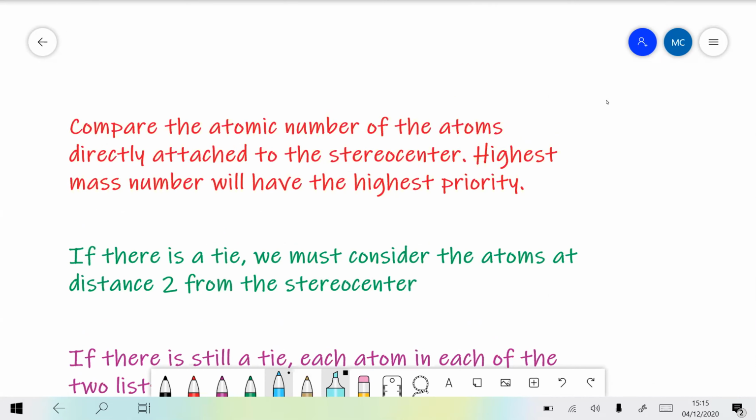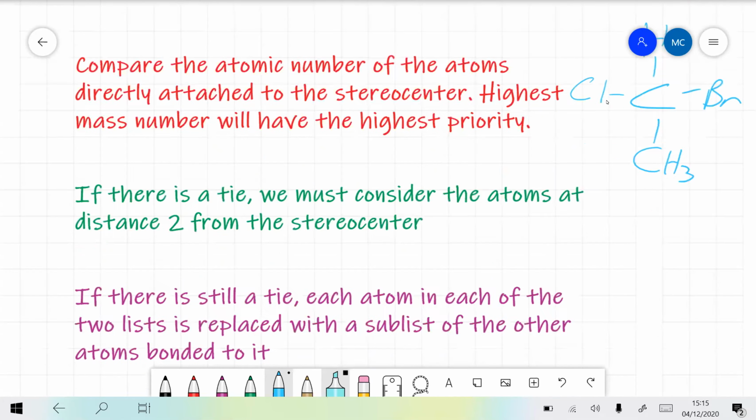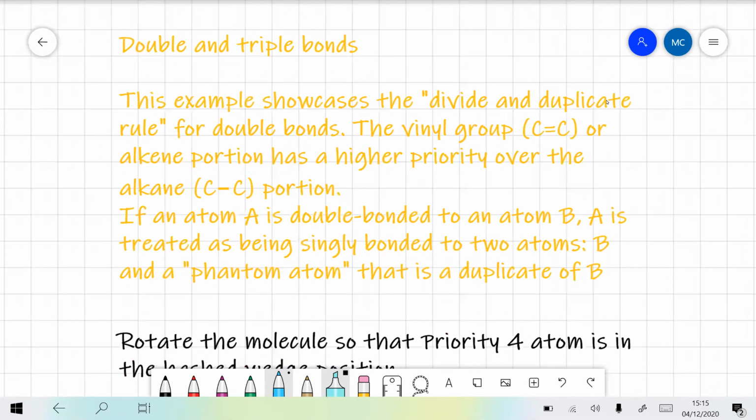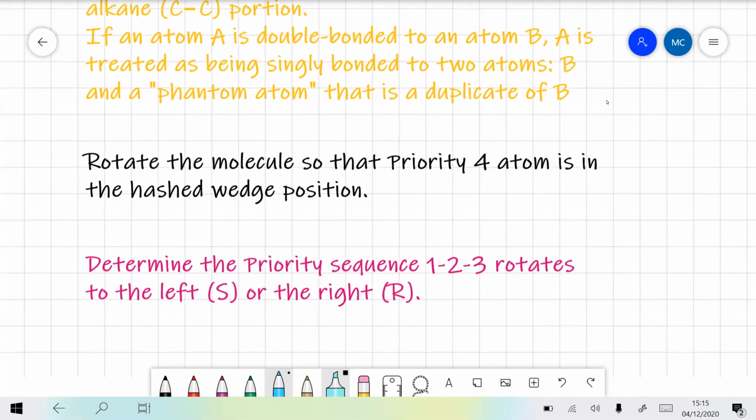So let's say we have this compound. One bromo, one chloro, ethane. So the first thing that we will do is we note that we're going to have 4 different groups.